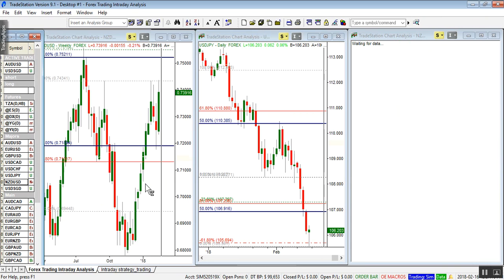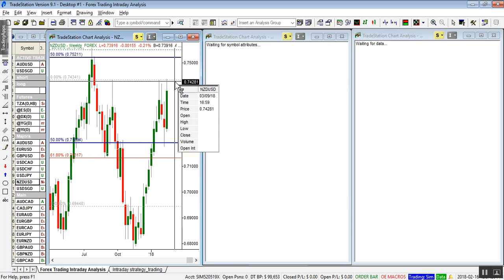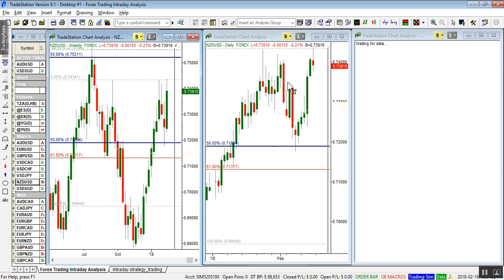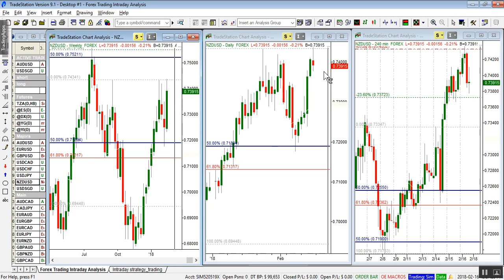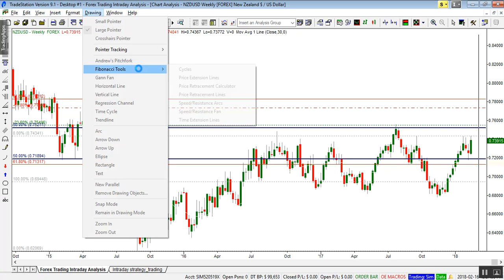Okay, New Zealand dollar US dollar also has challenged and exceeded previous highs here, but it also is under pressure, not like the other markets. It's relatively stronger. When we look at the longer time frame here, this is the weekly.